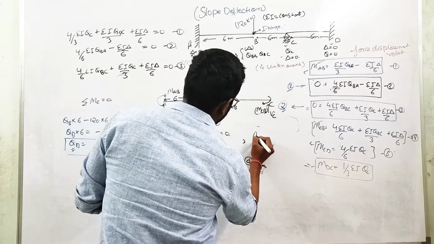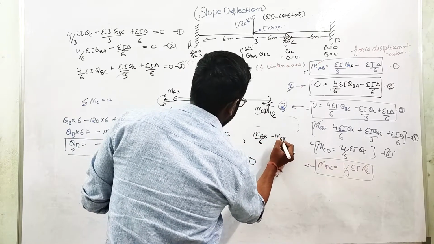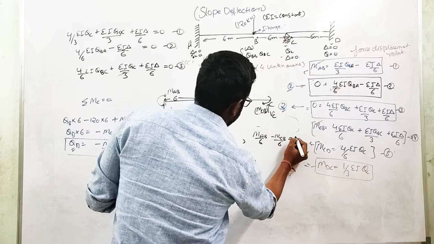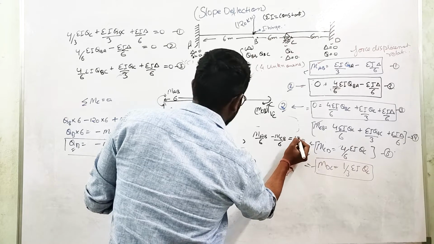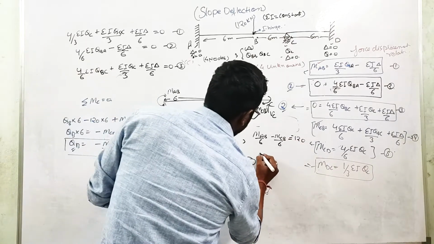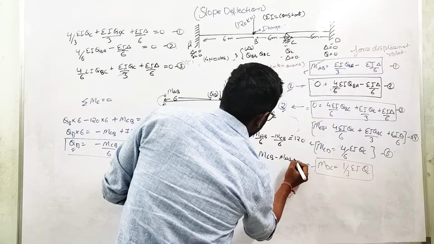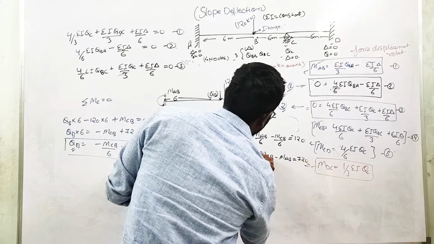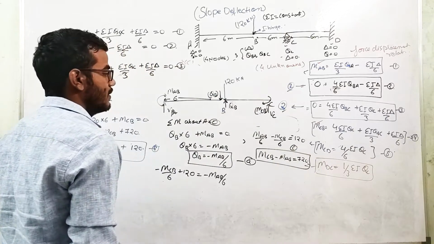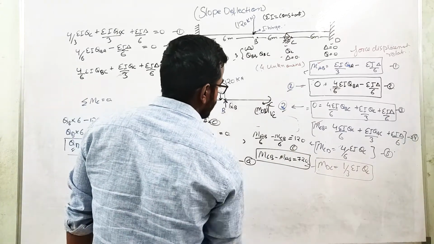So MAB over 6 minus MCB over 6 equals to 120, and if I rearrange this, I can write MCB minus MAB equals to 720. Let us define this as C. So I have this equation, MCB minus MAB equals to 720.